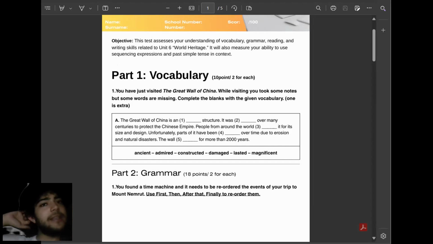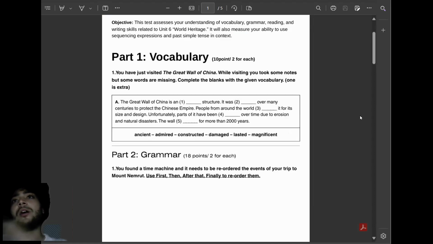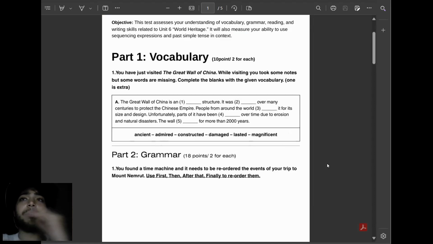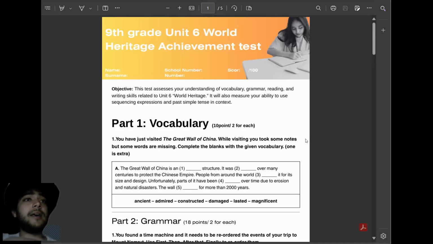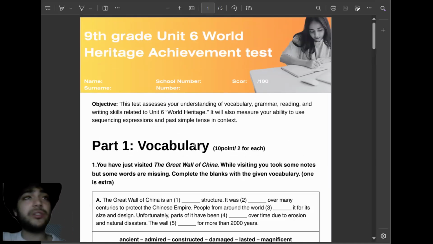But more importantly, the results taught me the stories, not just the numbers, actually. Some students expressed their love for history in their writing because they were really good, and the others struggled but still tried to do it, showing effort and growth, because it was an achievement test, and they just tried to show their knowledge about the past units.